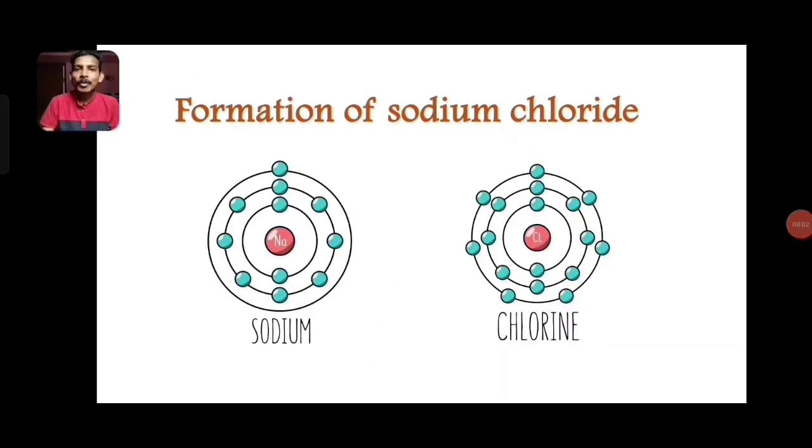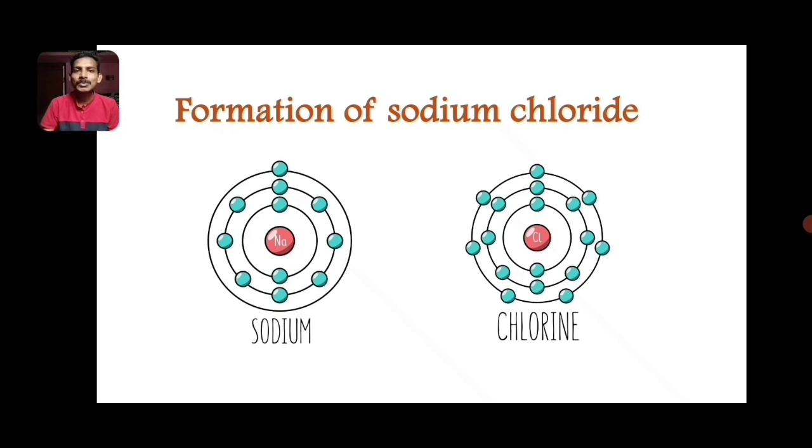Here, the Bohr atom model of sodium and chlorine atom is depicted. So, what is the atomic number of sodium atom? Correct. It is 11. So, what about chlorine atom? Yes, it is 17. So, what is the electronic configuration of sodium atom? Correct.